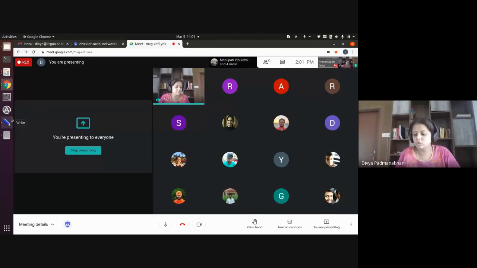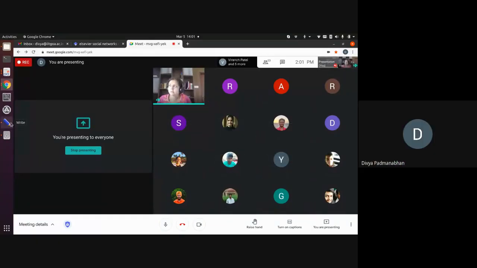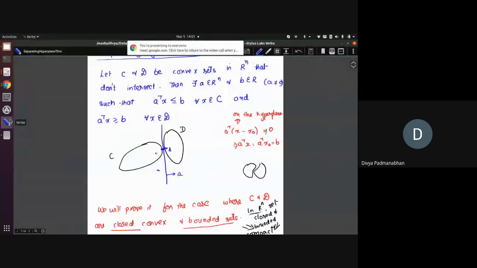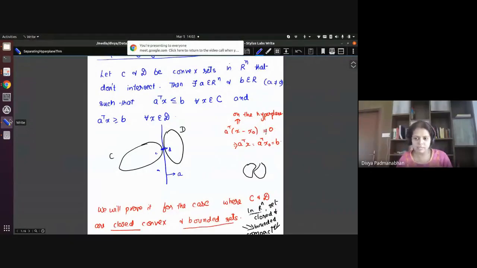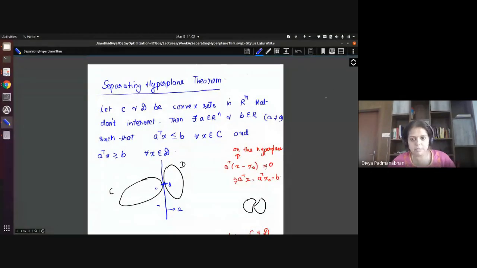I would like to give a brief recap and summarize what we did yesterday before we move on to a new topic. Yesterday's class, we had a lot of interactions and that was very good. So I thought there's a need to consolidate whatever we discussed. What we were looking at was the separating hyperplane theorem.